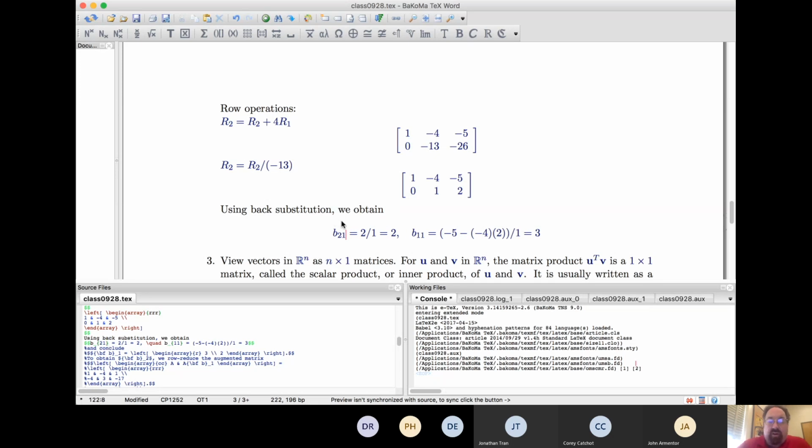So this is second row, first column of B. First row, first column of B. So B11, B21, those together make up my first column. So now I can just take the right-hand side value divided by the coefficient, and then here I have the right-hand side value subtracting off this coefficient times the unknown from the previous equation. So I'm substituting this into this first equation and then dividing by this coefficient. So now I have my first column of B.